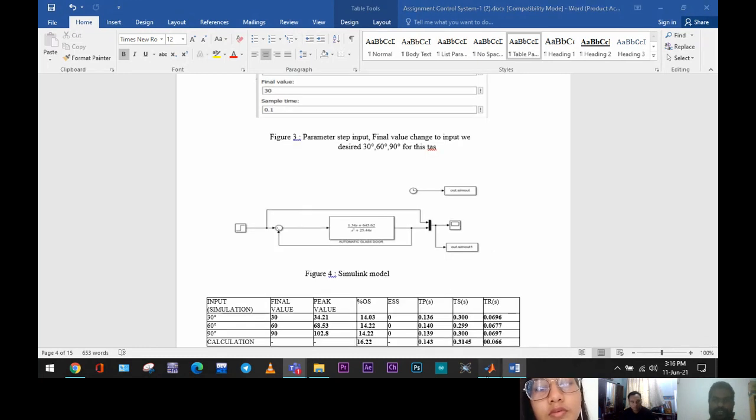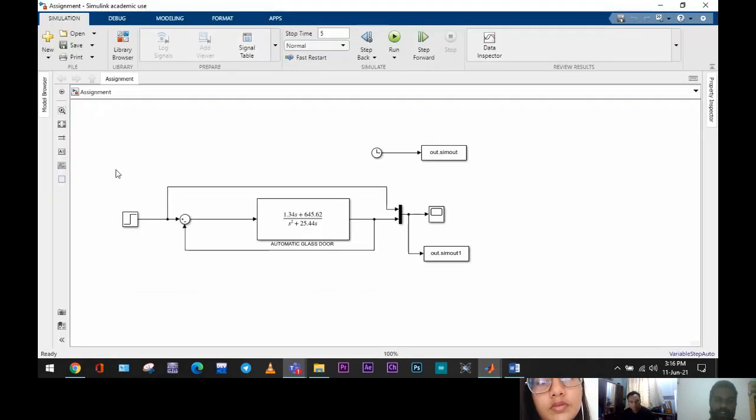And this is the simulation diagram that we have constructed, which consists of a step as input, then a feedback, and then this will be the marks, which is the input that carries to the output of the multimeter, and then the oscilloscope.